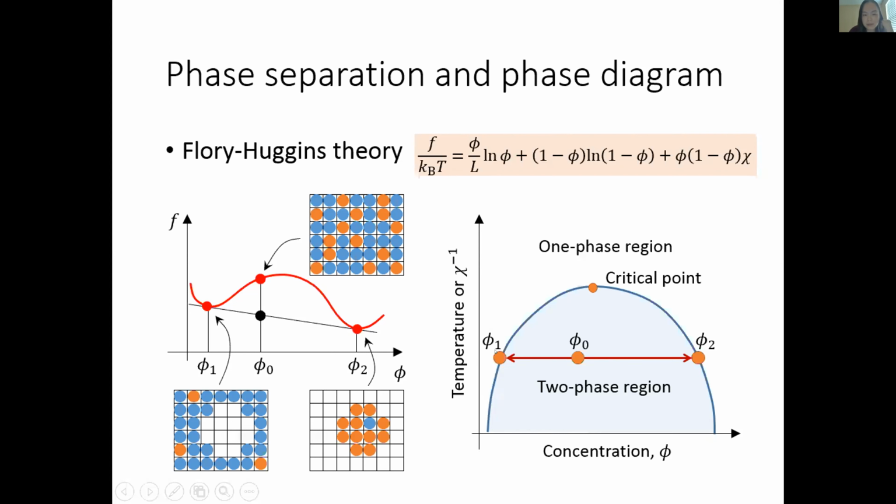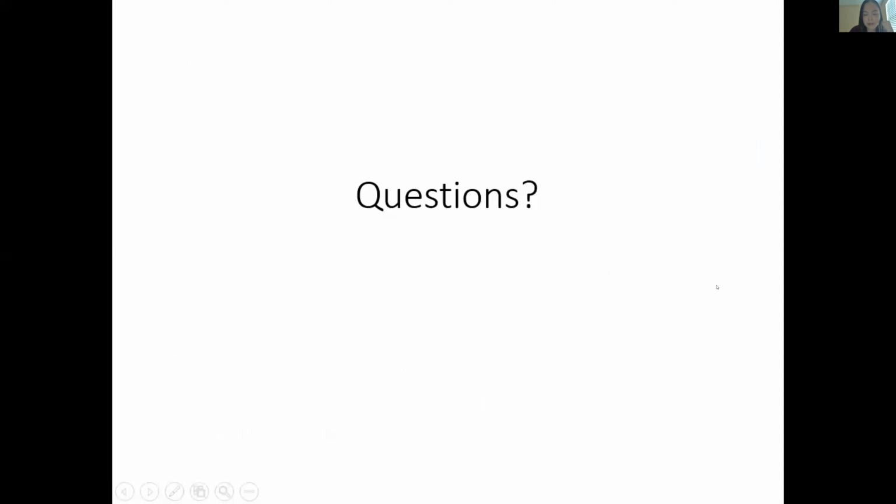Then we can just add 2 points, the dilute phase concentration here and the dense phase concentration here, making a phase diagram for the system. Okay, so that's the part about the Flory-Huggins model. I'll pause for questions.